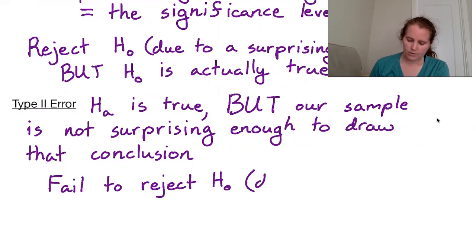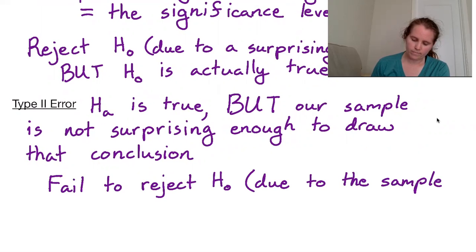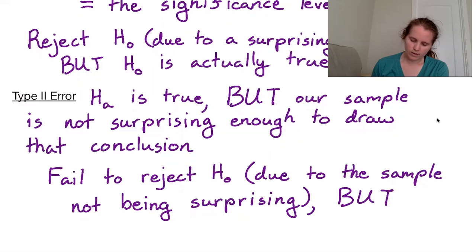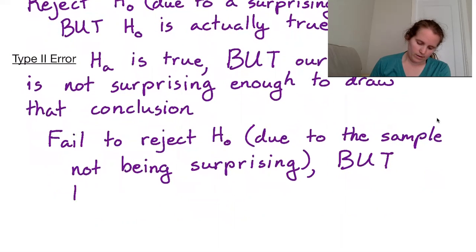Again, this is due to the sample not being surprising. HA, the alternative hypothesis, is actually true.